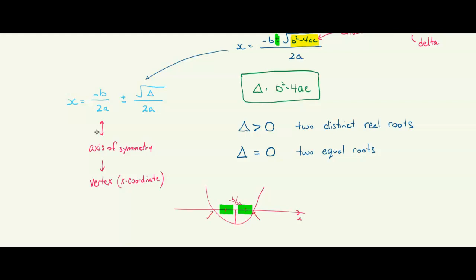So the value of the discriminant actually determines how far away those roots are from our vertex, or our axis of symmetry, because this will be minus b over 2a plus the square root of the discriminant, and this one here is minus b minus the square root of the discriminant over 2a.